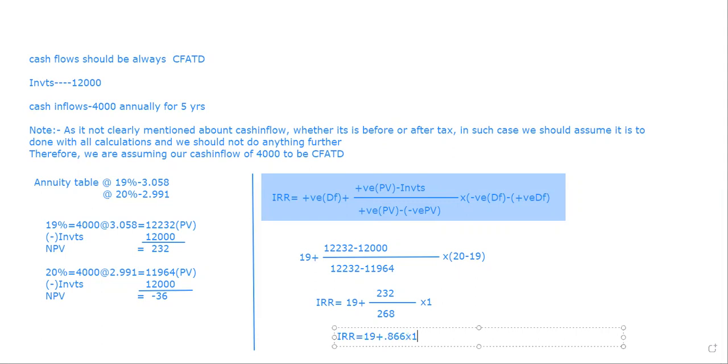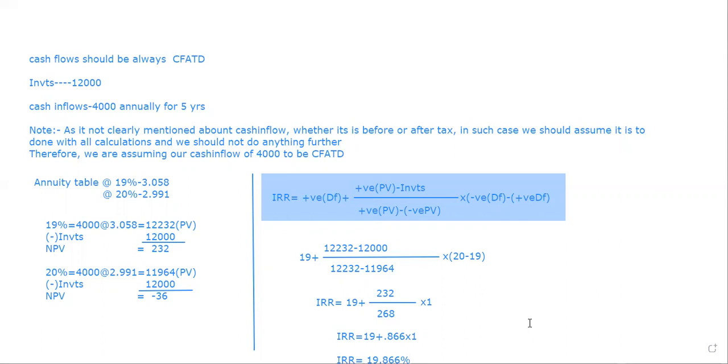So therefore, my answer is IRR is equal to 19.866. This is the answer. So this much is the profit you are getting. That is what it says here.